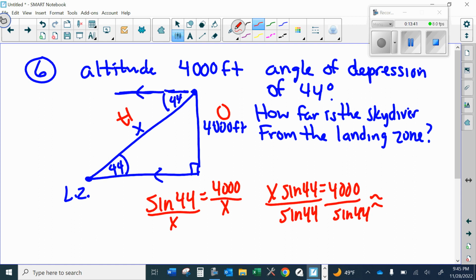And now you just put in a calculator. 4,000 divided by sine of 44. We'll go to the nearest foot, so 576. Okay, that's the nearest foot.